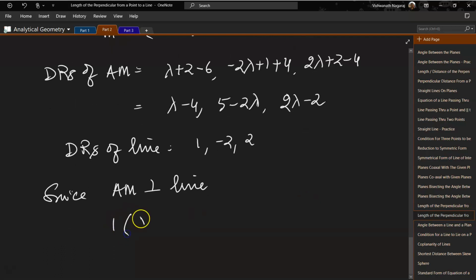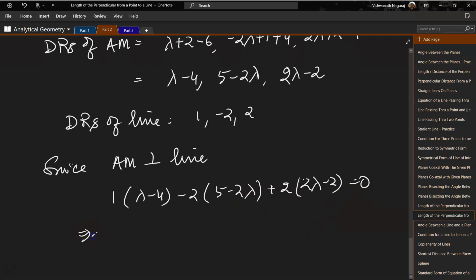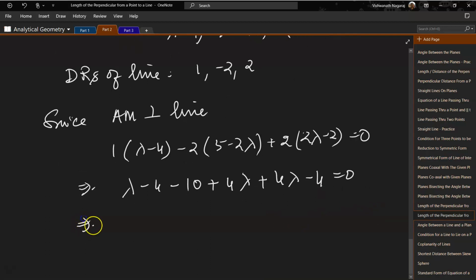So 1 times lambda minus 4, plus minus 2 times 5 minus 2 lambda, plus 2 times 2 lambda minus 2 is equal to 0. Which implies lambda minus 4 minus 10 plus 4 lambda plus 4 lambda minus 4 equal to 0.